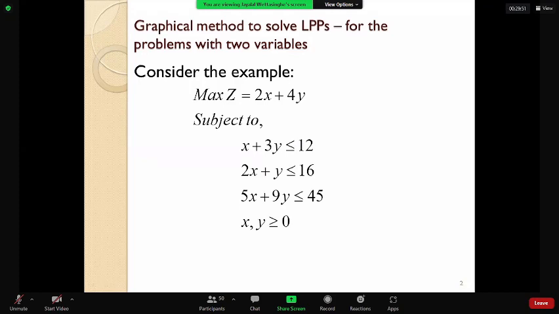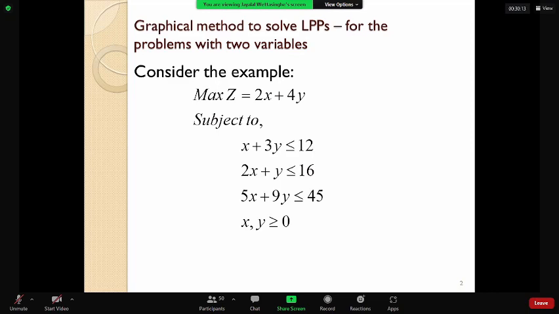To draw a straight line, we should know at least two coordinates on that line. If we know two coordinates, we can plot them in the graph and join the two points by a straight line. Then we have the equation of that line. Now the problem is how to find two points.